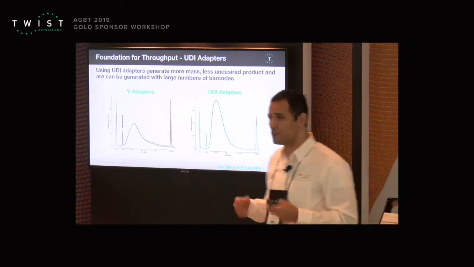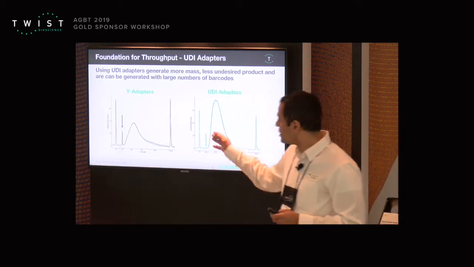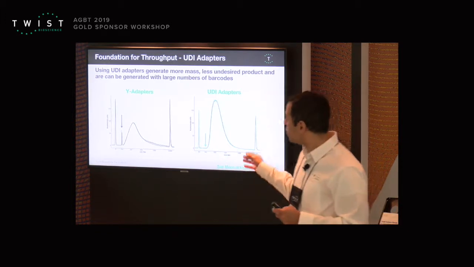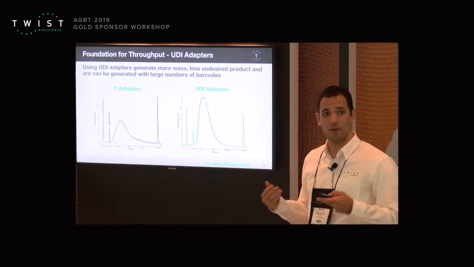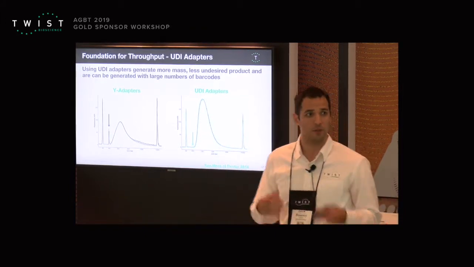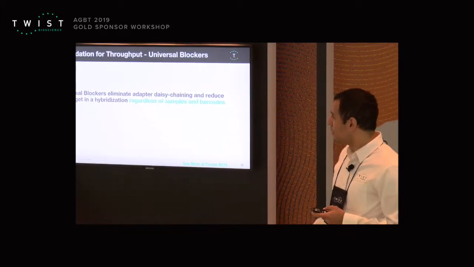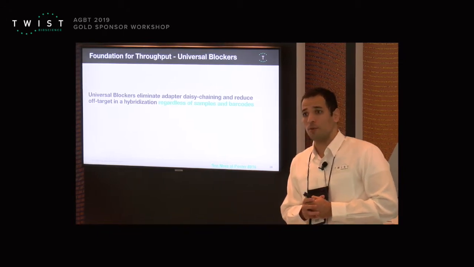That's not good. You don't want that going into your capture, or onto your sequencer. With these UDI adapters, they're so efficient that you don't get that unwanted product. You also get efficient amplification and production of your material, which means fewer cycles, less bias, cheaper, and less time. So that's one, making adapters to allow you to utilize the sequencer.